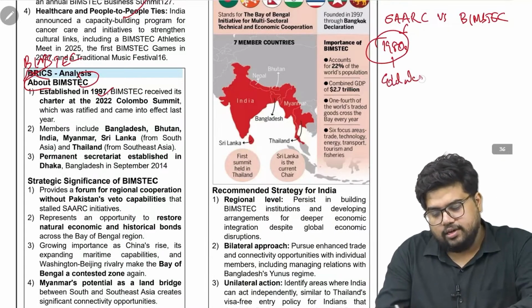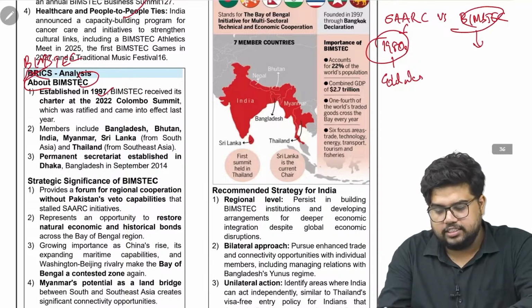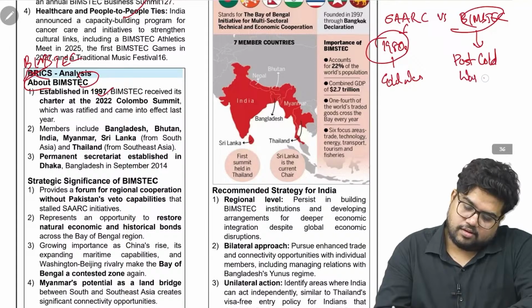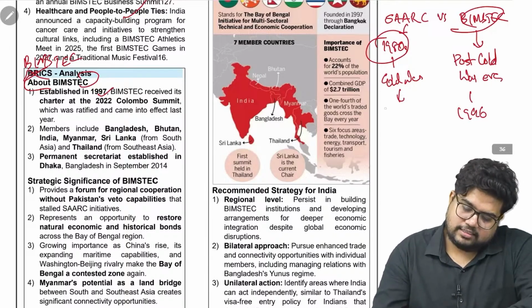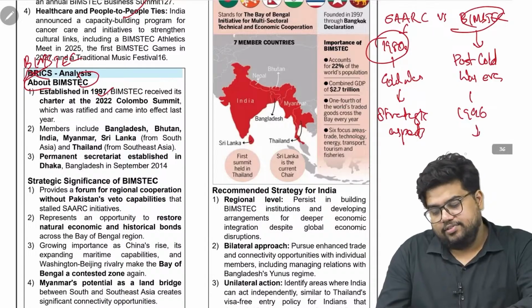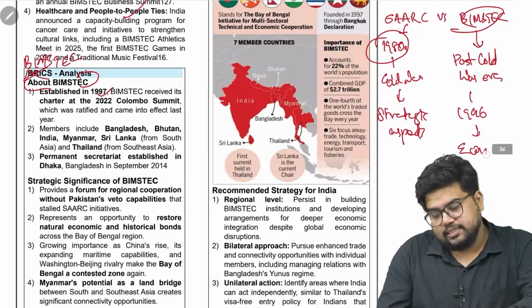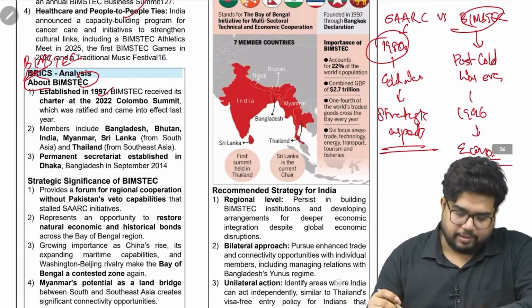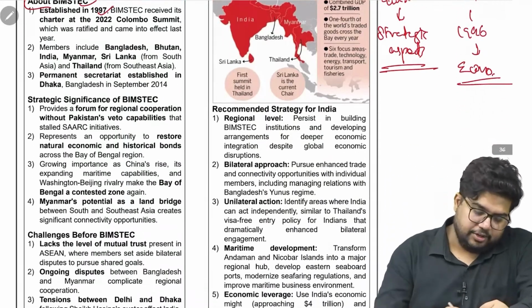It has a Cold War origin, while BIMSTEC was established during the post-Cold War era, that is 1996-97. SAARC has a lot of strategic concerns, strategic aspects are a very important part of it. Here we are more looking at economic aspects. So this is another dimension of comparison you can bring in your answer.